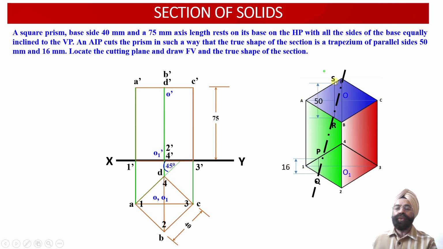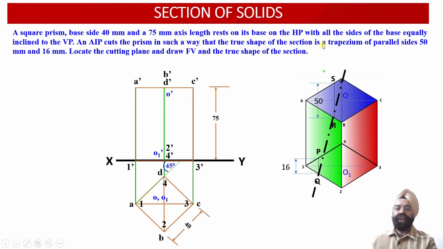Similarly, onto the same side of the axis on the two adjacent edges AB and AD, another 2 points of intersection we are required to evaluate, points R and S, such that the distance between these 2 points of intersection should be equal to 50 millimeter.